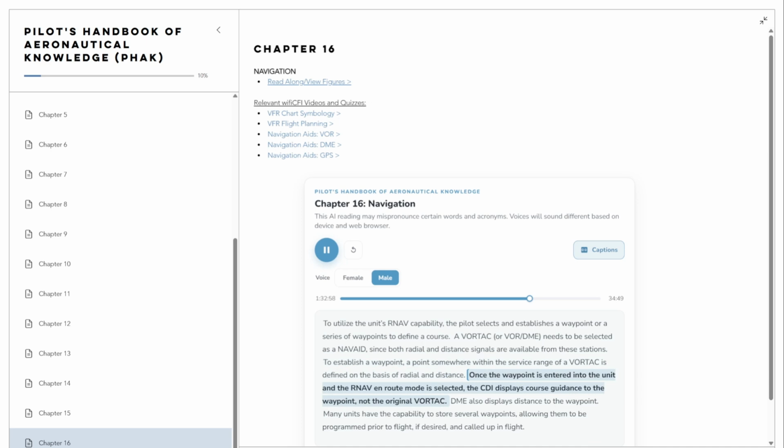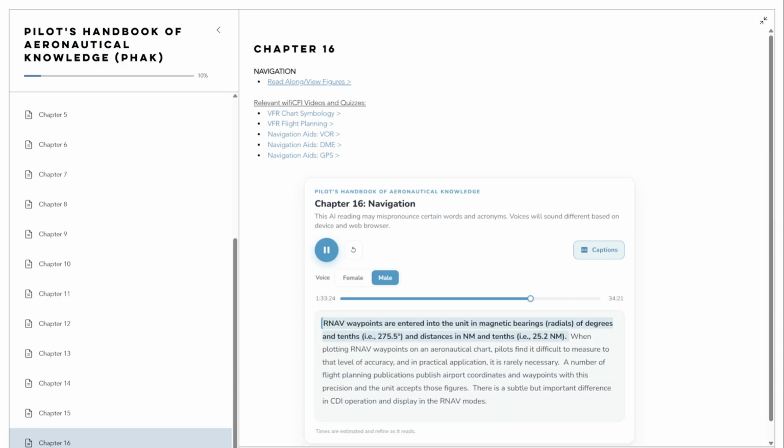Once the waypoint is entered into the unit and the RNAV en route mode is selected, the CDI displays course guidance to the waypoint, not the original VORTAC. DME also displays distance to the waypoint. Many units have the capability to store several waypoints, allowing them to be programmed prior to flight, if desired, and called up in flight.